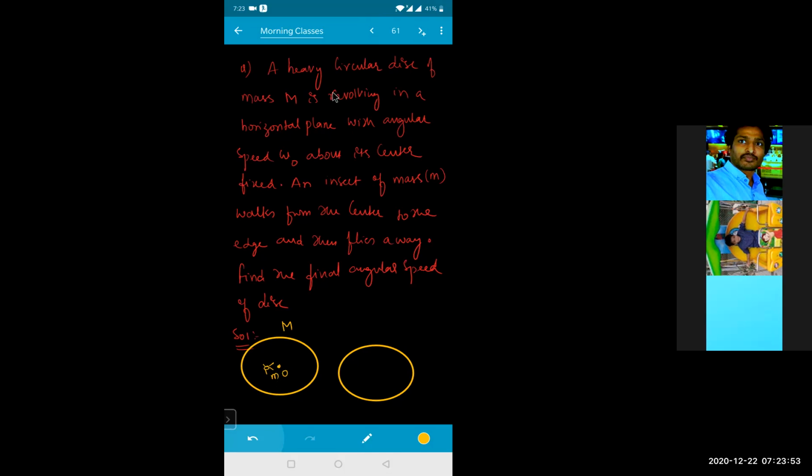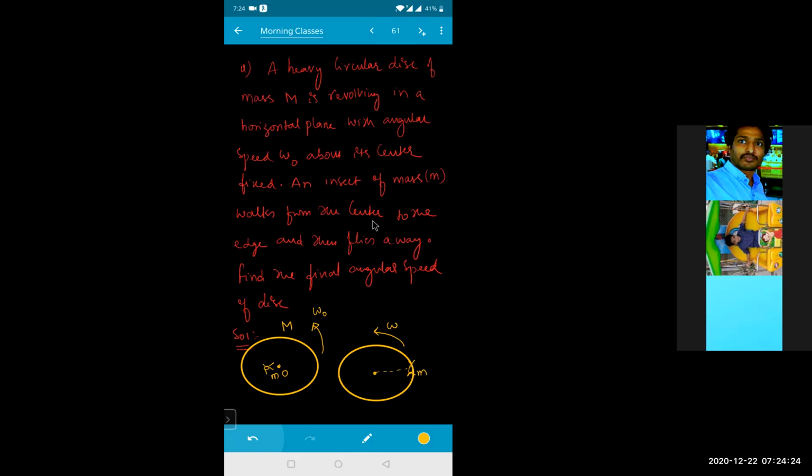The disk is revolving in a horizontal plane with angular velocity omega naught about its center. An insect of mass m walks from the center to the edge. Now the insect comes somewhere to this position, and when it moves like this, the angular speed of the disk changes to omega.